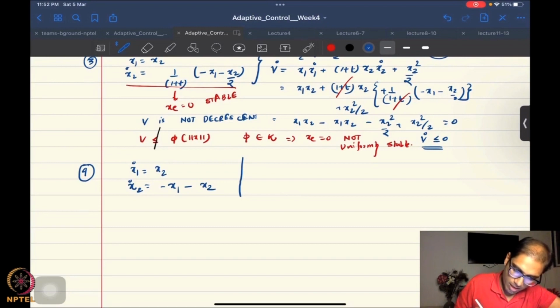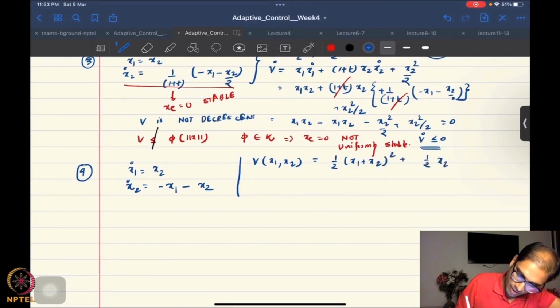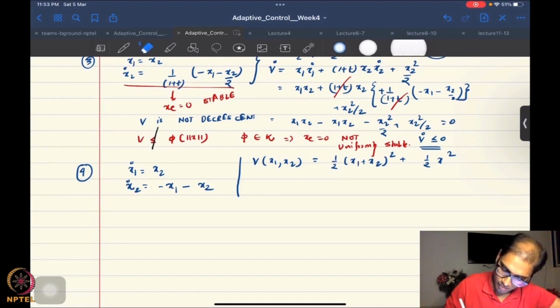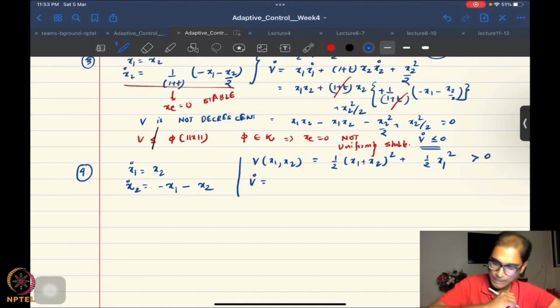V of x1, x2 is half of x1 plus x2 squared plus half x2 squared. No, I think it should be x1 squared. Then I take the derivative of this. It should be evident that this is positive definite.